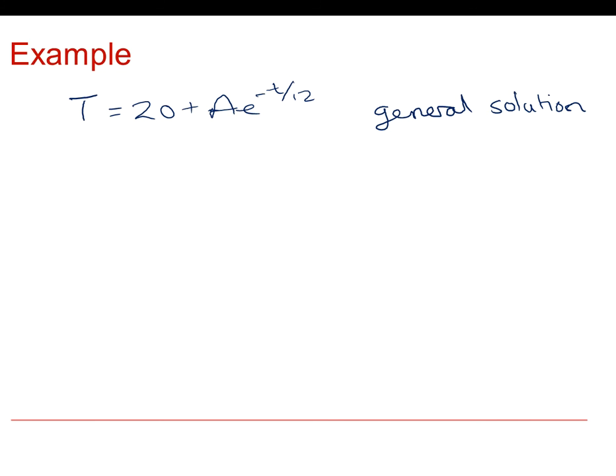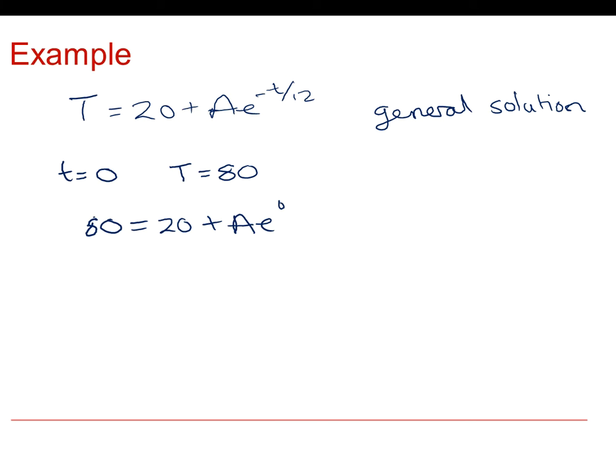Let us find a particular solution by revisiting the conditions we were given. We know that at t equals 0, T equals 80. Thus we can write that 80 equals 20 plus A e to the 0.